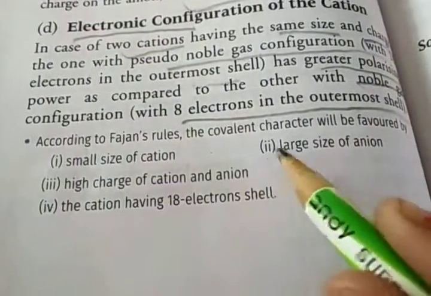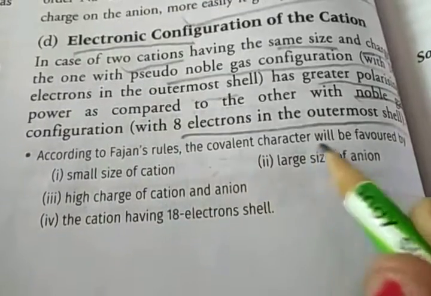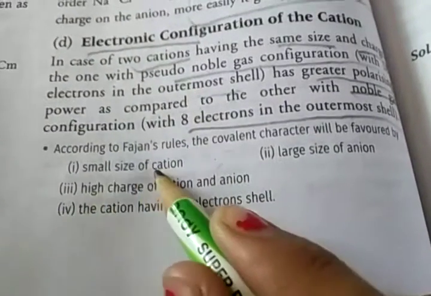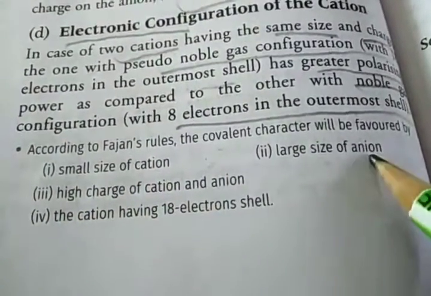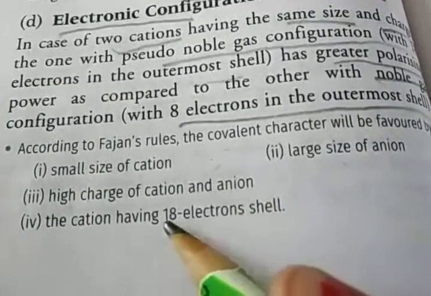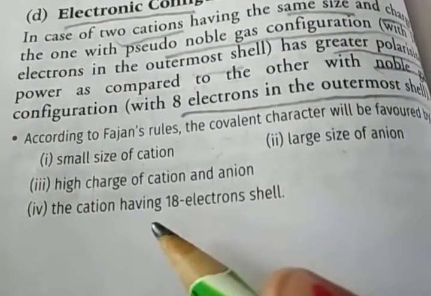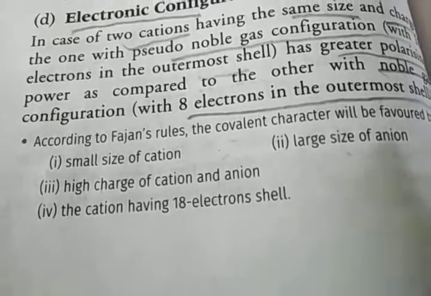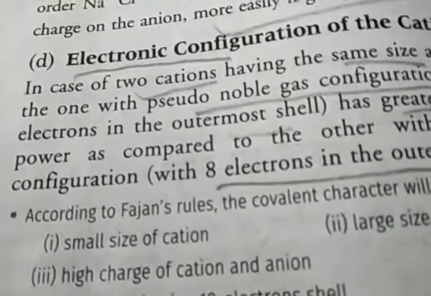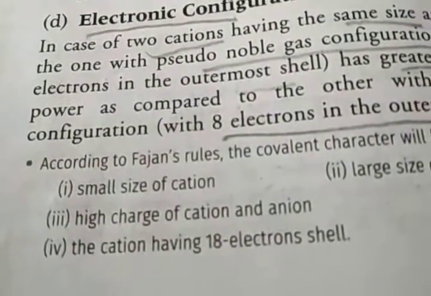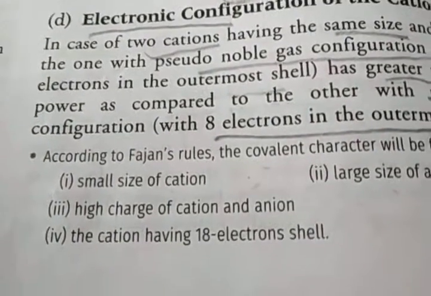So according to Fajans' rule, covalent character is favored by small size of the cation, large size of the anion, high charge on the cation and anion, and fourth, a cation having an 18-electron shell. These are the rules according to Fajans for covalent character.